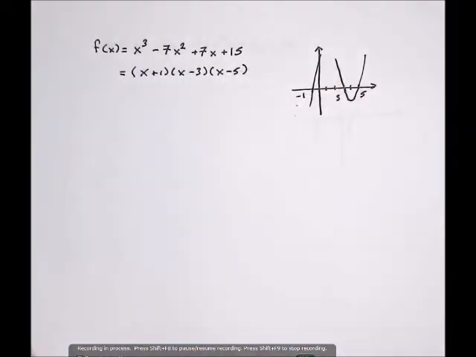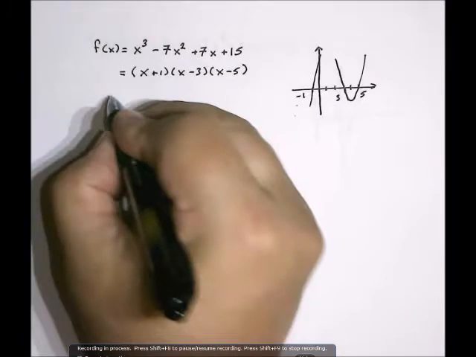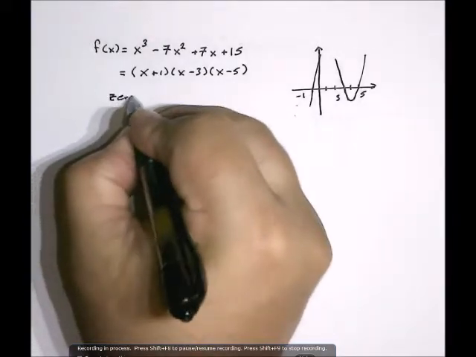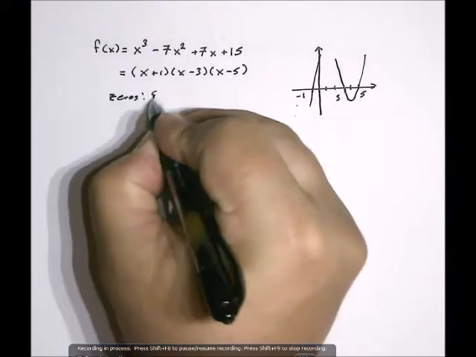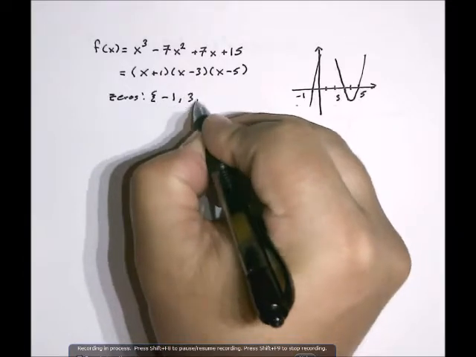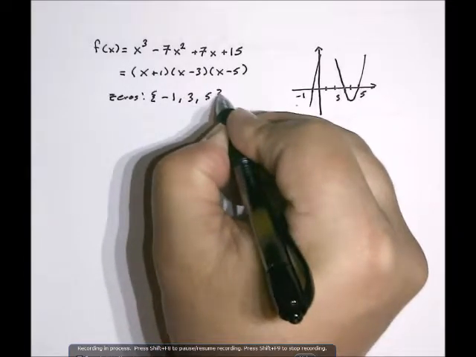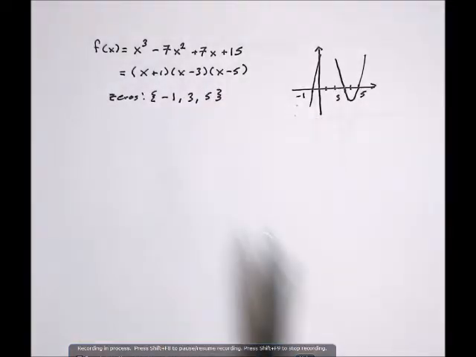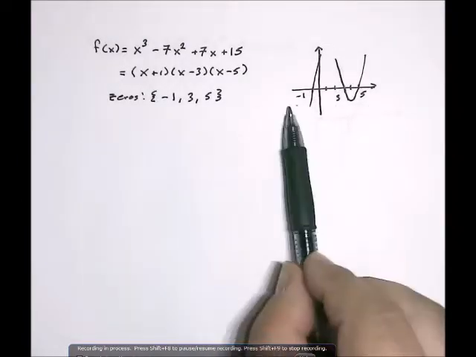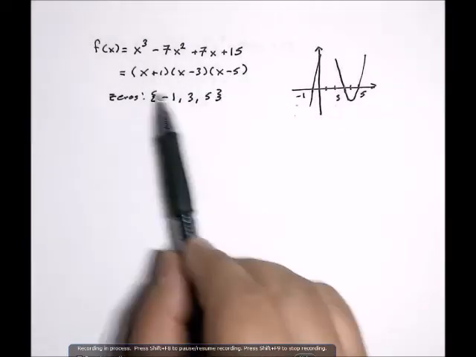So there it is in factored form. And the zeros are -1, 3, and 5. And note, the zeros are the numbers you found here. For the linear factors, we have to change the signs on them.